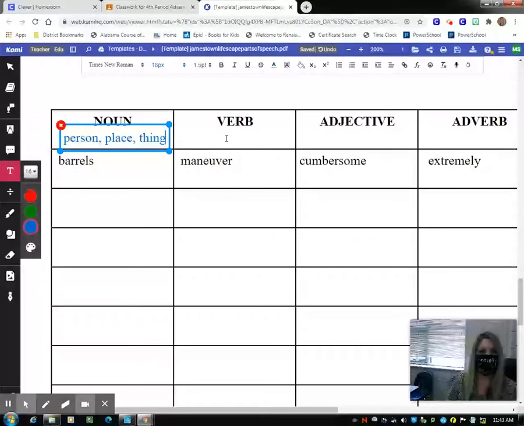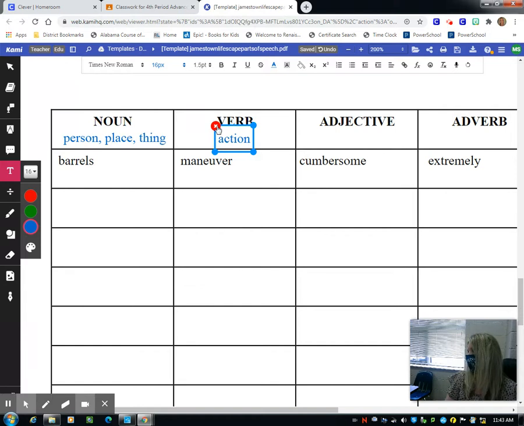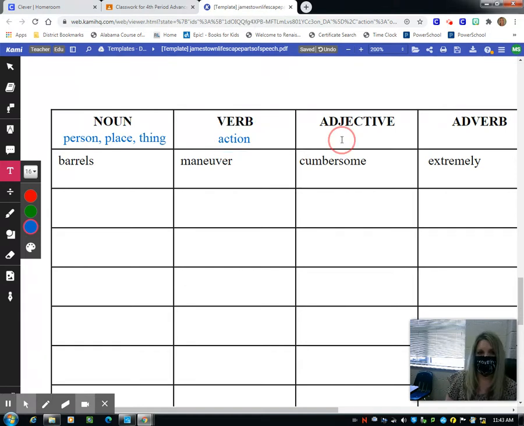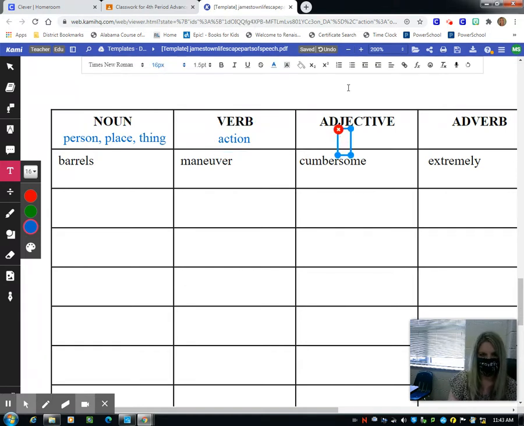Yeah. So here, I'm going to do this. And you don't have to do this, but if you get them mixed up, you might want to. I know I said action or state of being. In this photo, or for this painting, we're going to use action, okay? Adjective describes noun.